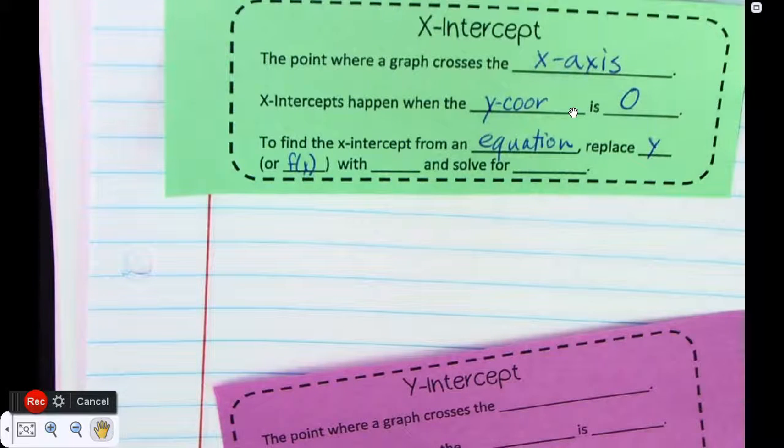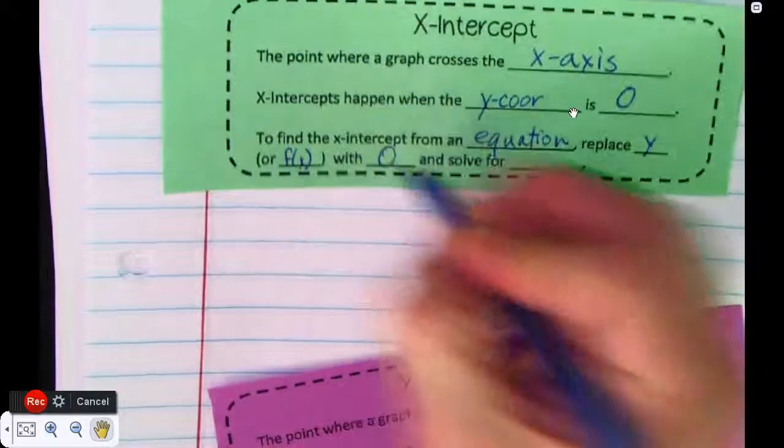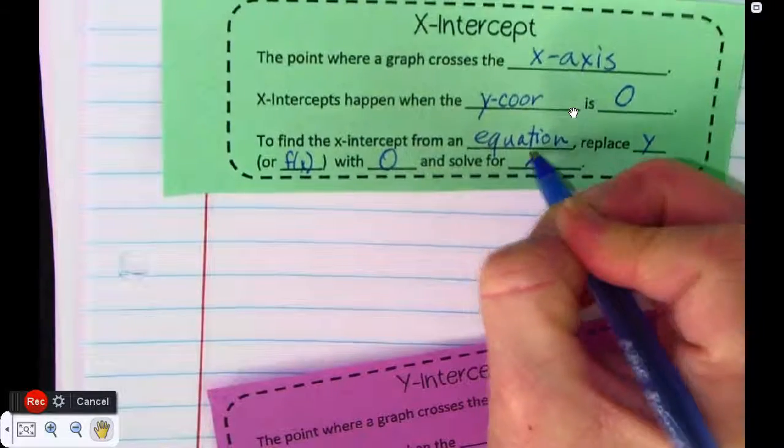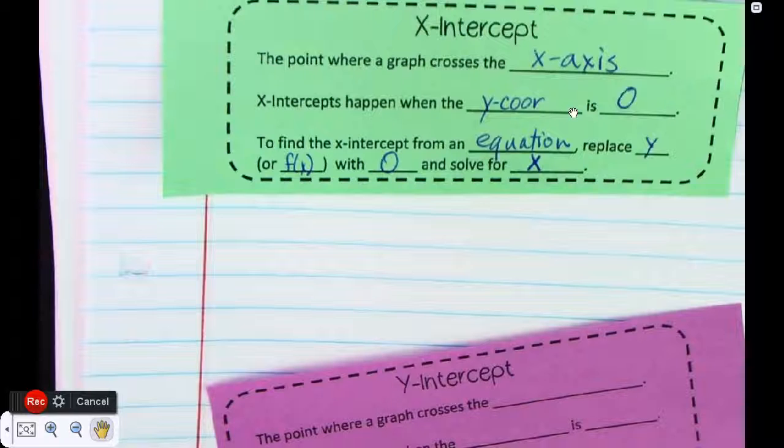What would we replace y or the f of x with? What number? 0. And then you're going to solve for x. Okay, that's one way to get the x-intercept.